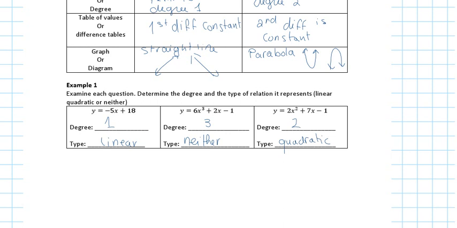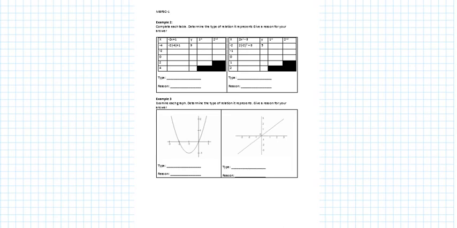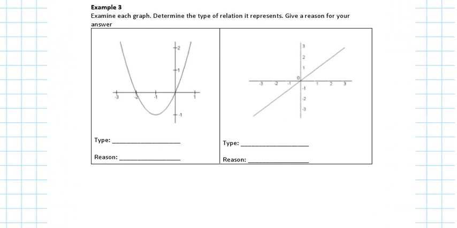So I'm going to let you work on these two questions, the tables, okay? The graphs, I know they're not 100% clear in your notes, but you can trace them. What do we know about the first one? What type is it? Quadratic.